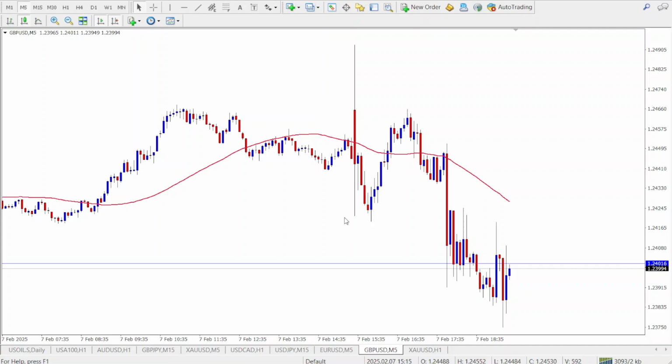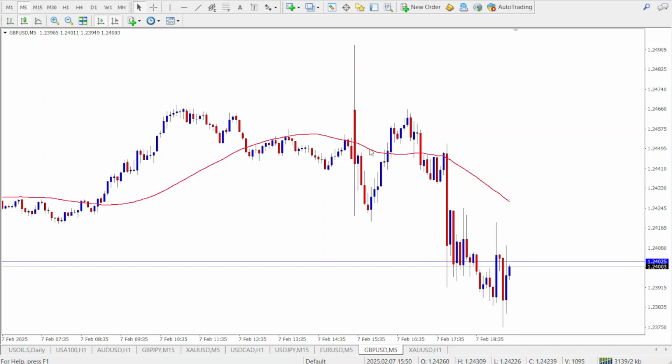The name implies its simplicity, right? It's a basic average of prices over a set period. Then the exponential moving average gives more weight to recent price data, making it more responsive, while the weighted moving average is similar to the EMA but with different weighting methods.